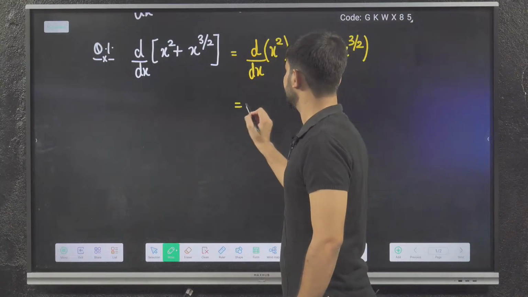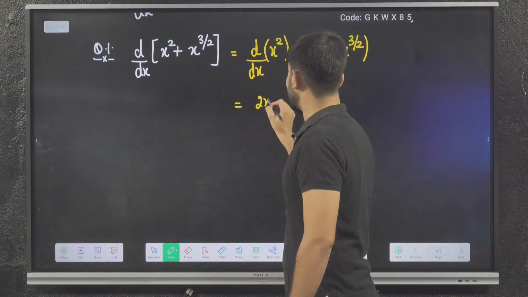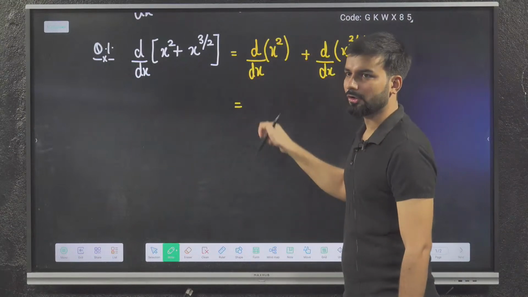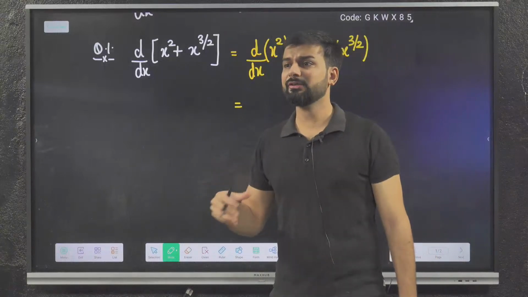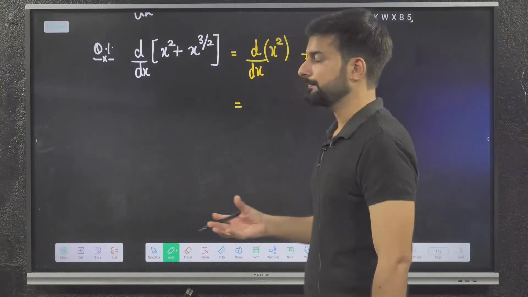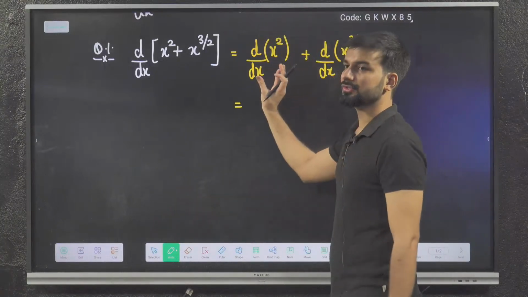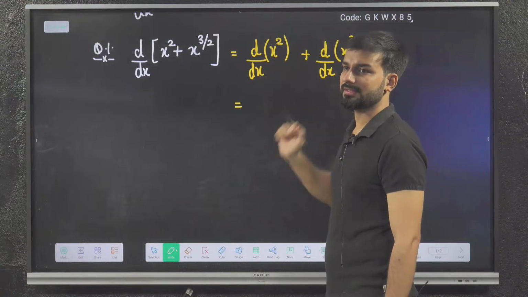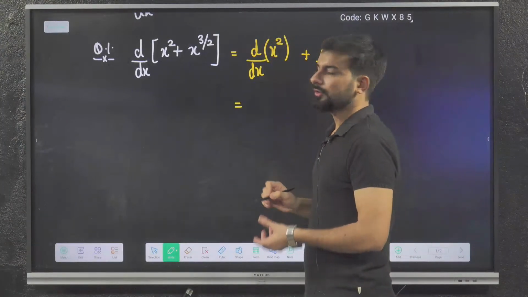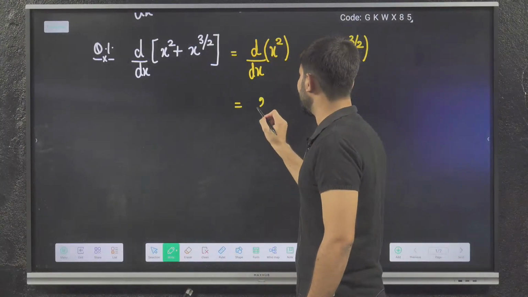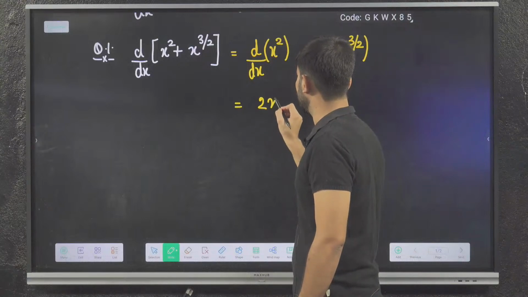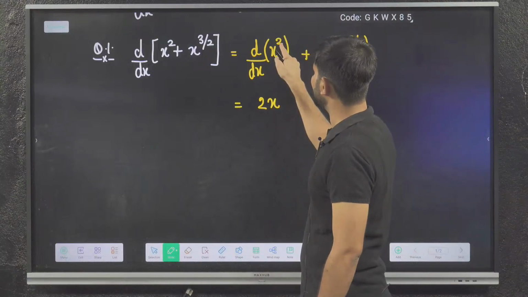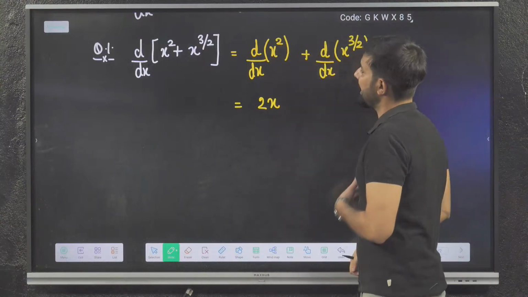It will become 2x. Power will come forward. Today I will not write it in so brief, because yesterday we have done so many questions based on this. So for x square, 2 will come forward, 2x, and from power how much do I have to subtract? I have to subtract 1.